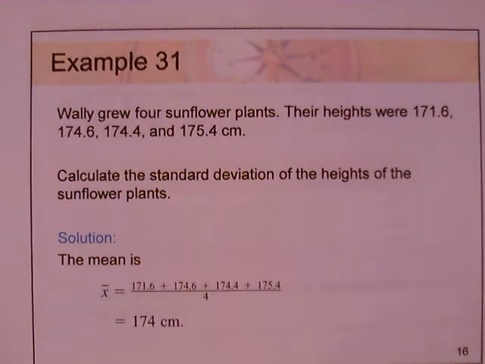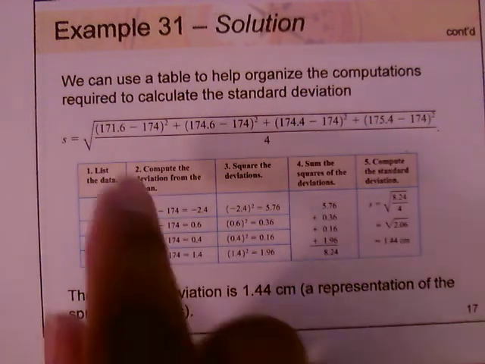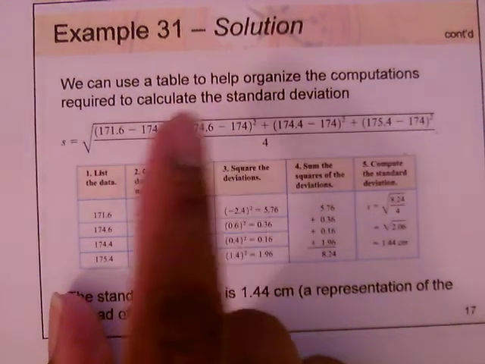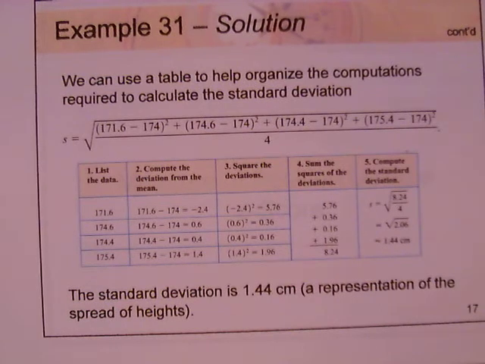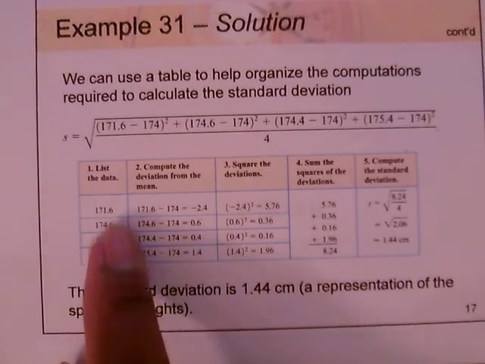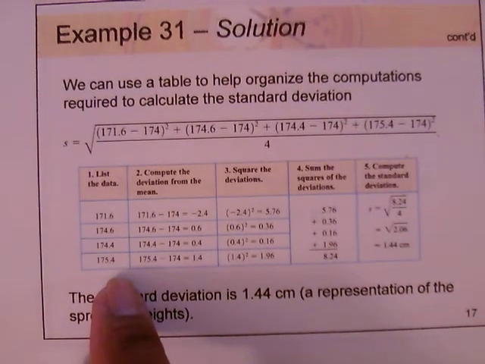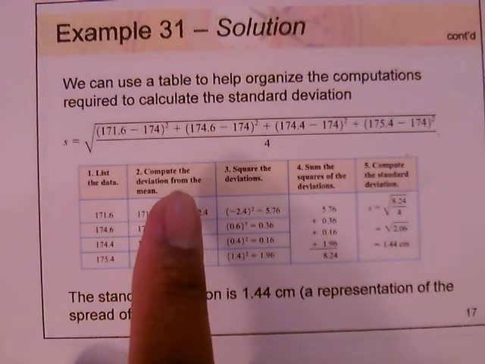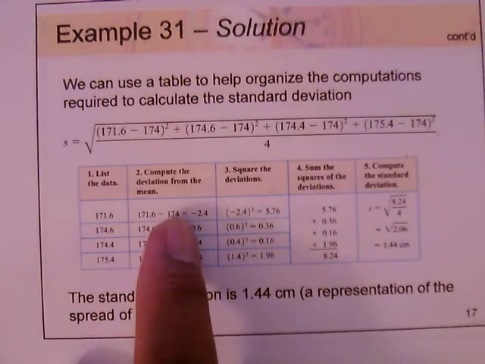Now, on the next slide, they calculate the standard deviation using this formula. Notice they give us a table showing how to do it. What they did here is list all the data, those 4 data values. Second, they computed the deviation from the mean by taking each data value and subtracting the mean of 174.